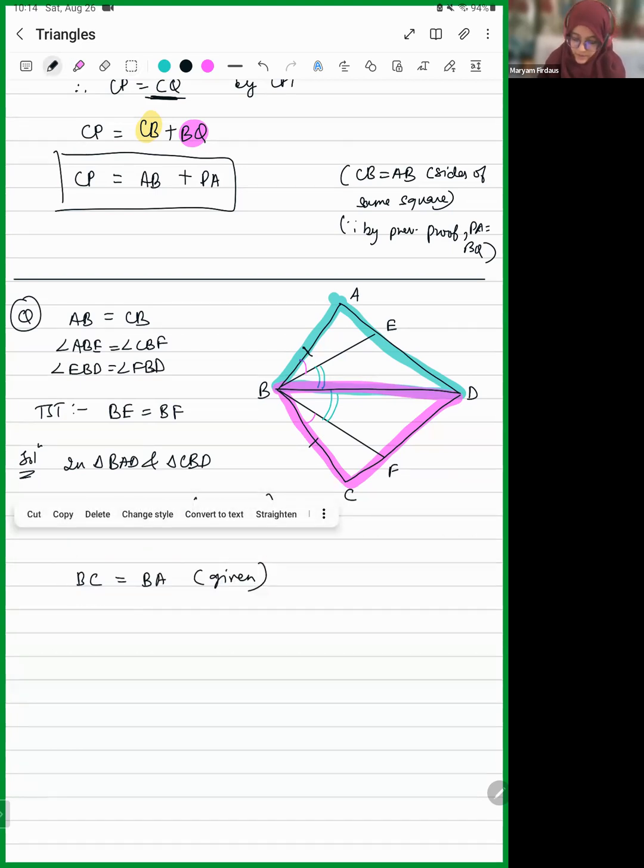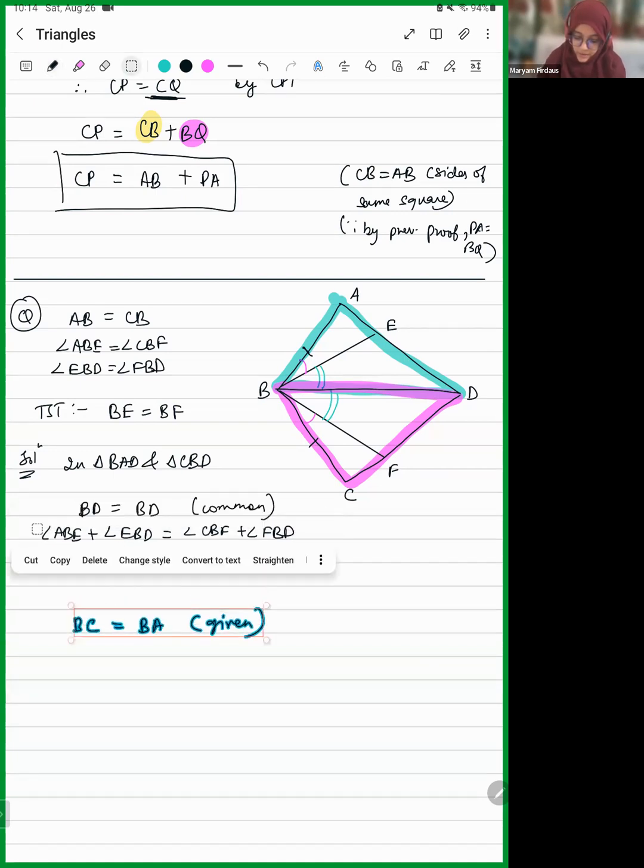So we are going to write like this: angle ABE plus angle EBD is equal to angle CBF plus angle FBD, because ABE is equal to CBF. Or let me do one thing. I will write this in one more step.